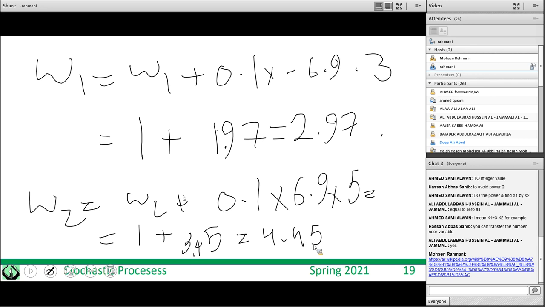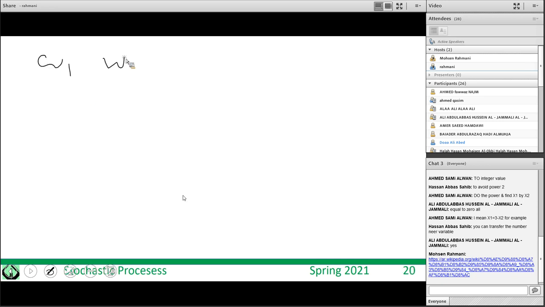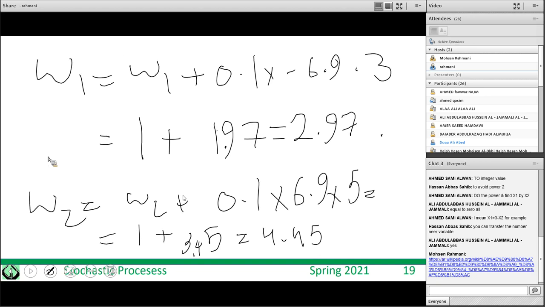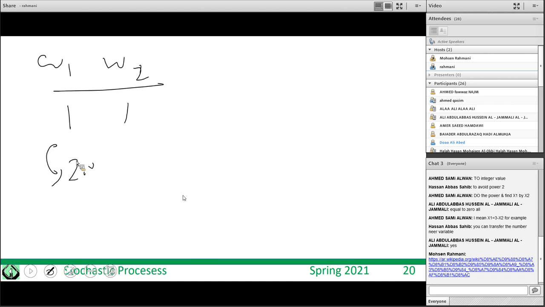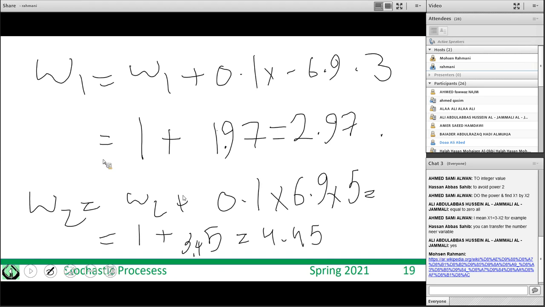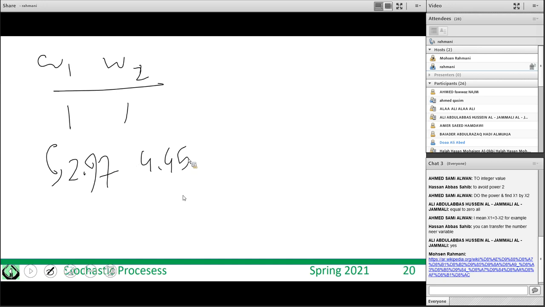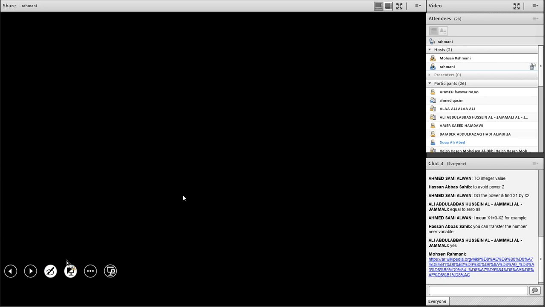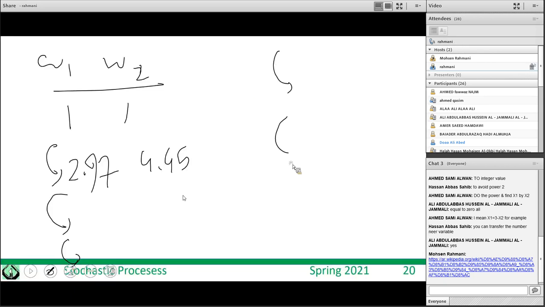Okay, gradient distance says that you can receive from 1 to 2.97 and 4.45. And if we repeat this, we can receive the W1 and W2 of our problem. We can find the best W1 and W2 of the problem.